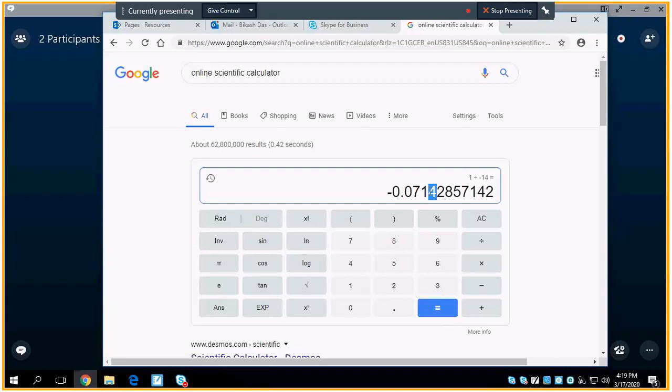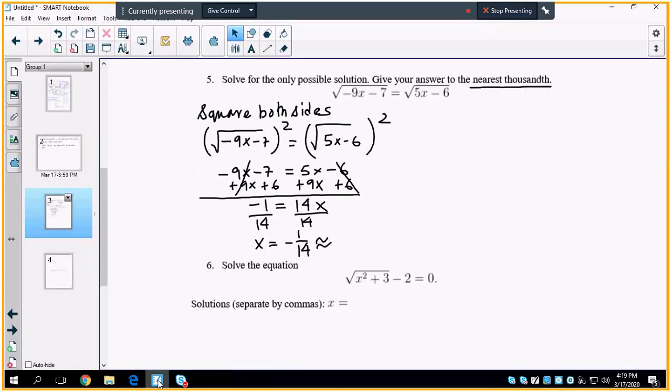So I erase all the digits after the 3rd decimal place, and it is rounded to negative 0.071. So let's go back. Now we know negative 1 over 14 is negative 0.071. This is your algebraic solution, which you are going to input on the two sides of the equation and try to understand the equality.